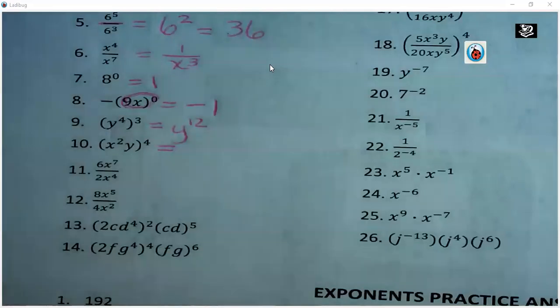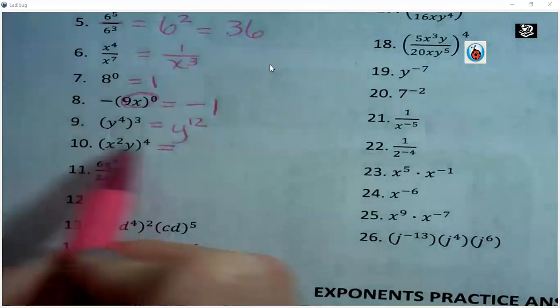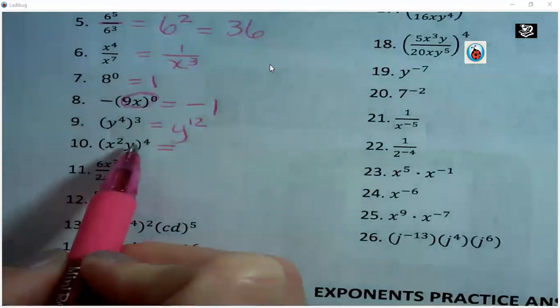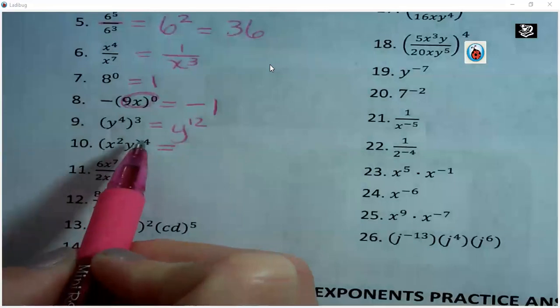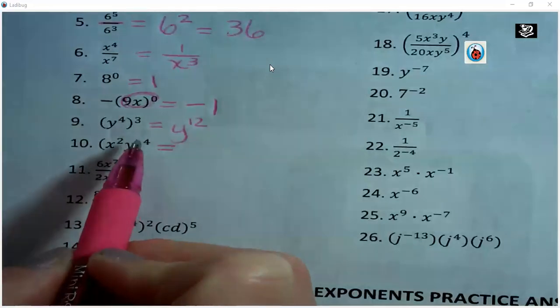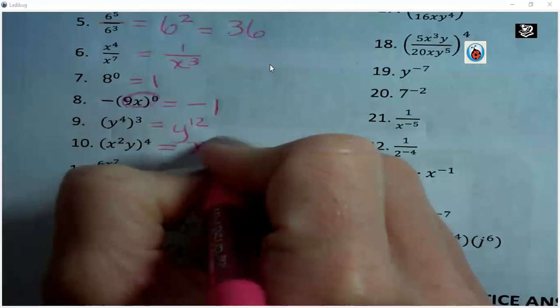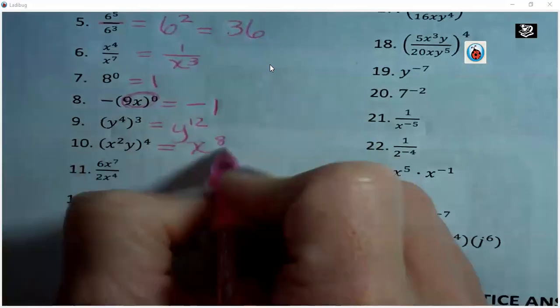I already forgot how to do it. Okay, so the 2 and the 4, are you adding those or multiplying them? Multiplying. Yep, that'd be x to the 8th and then y to the 4th. Okay.